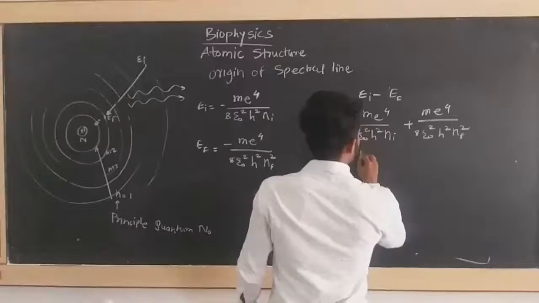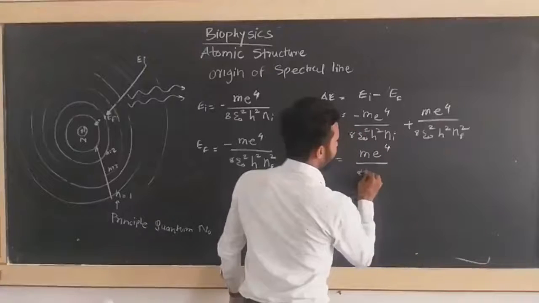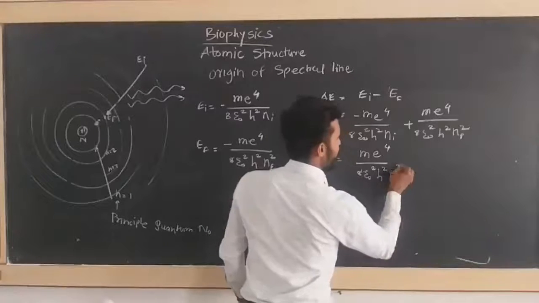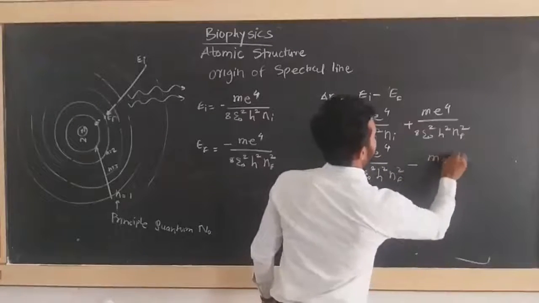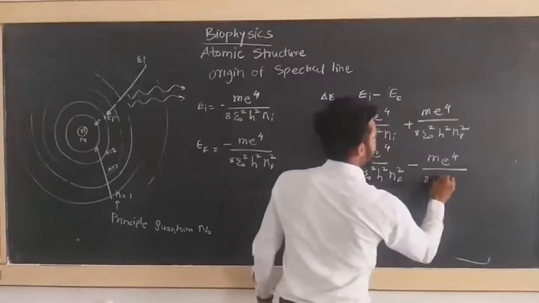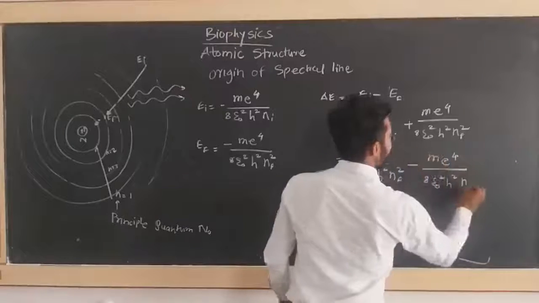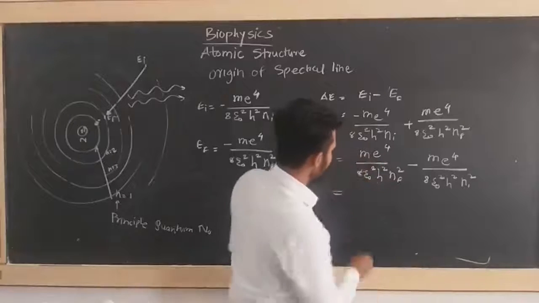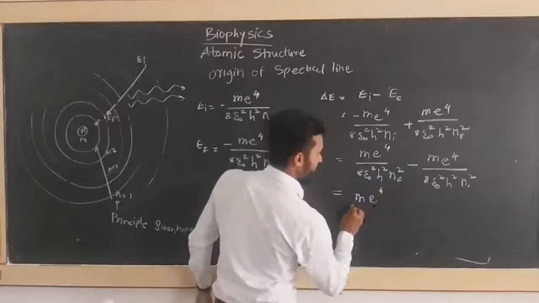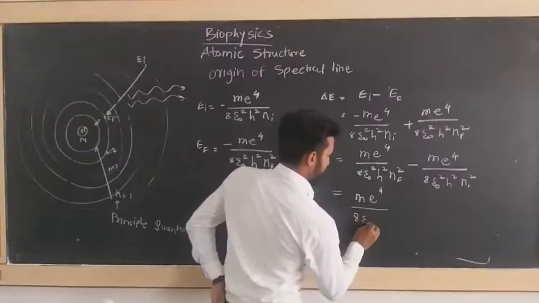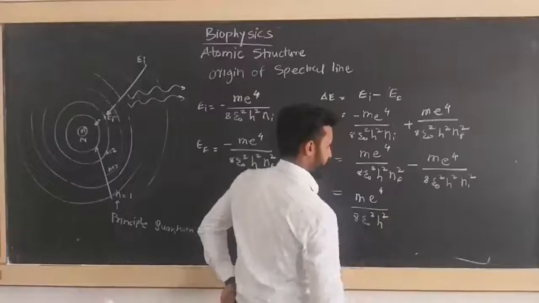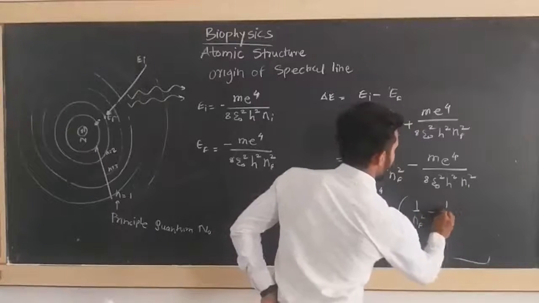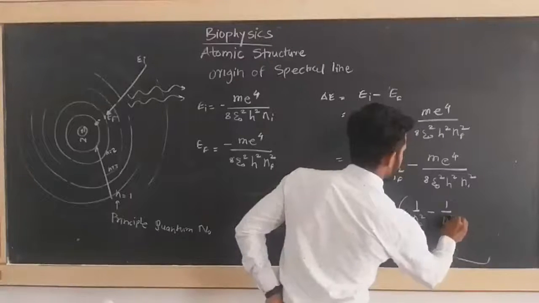So we can write m e raised to 4 upon 8 epsilon naught square h square times 1 upon n final square minus 1 upon n initial square, taking the common terms m e raised to 4 upon 8 epsilon naught square h square out.